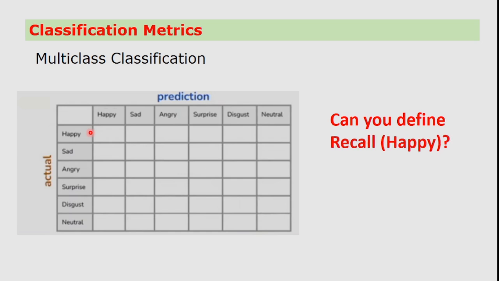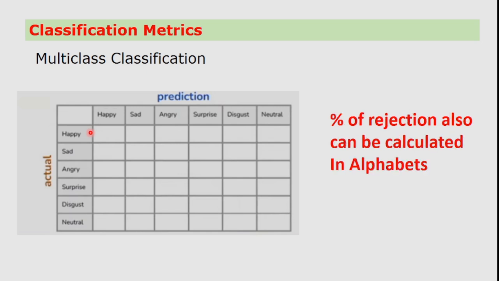Same way, in multi-class classification you are able to define these with the same example. You can say what is meant by recall, and same way you can go with precision too. And most importantly, in many places we need to highlight the rejection rate. How much percentage your algorithm failed to detect a particular character.